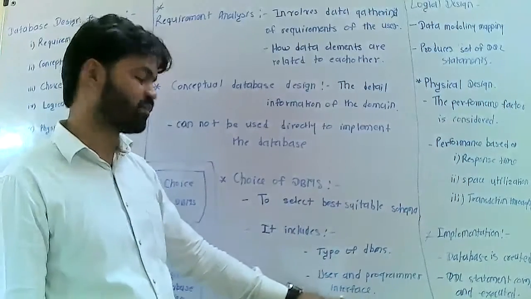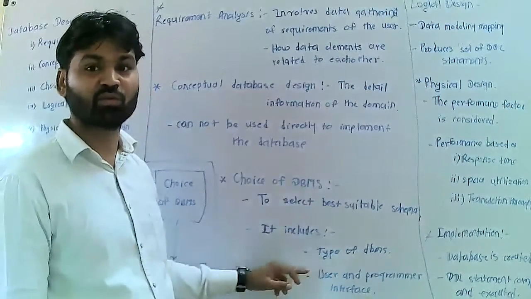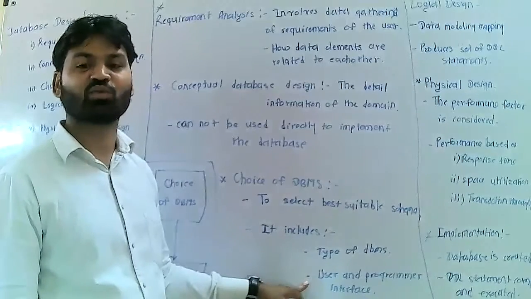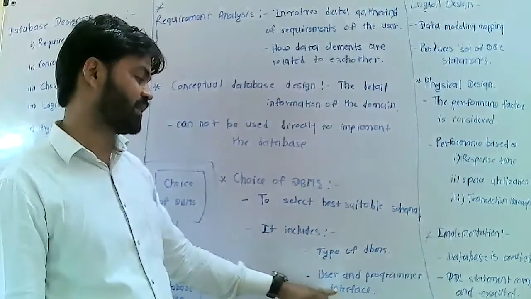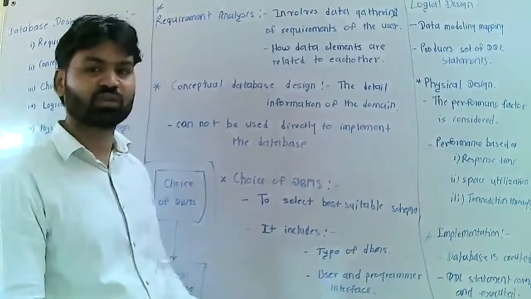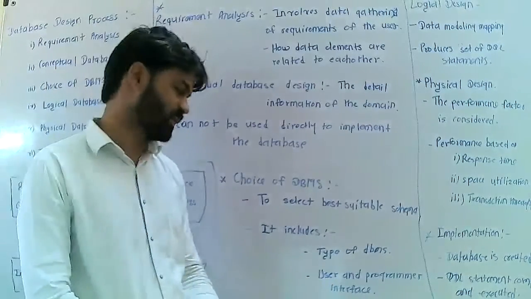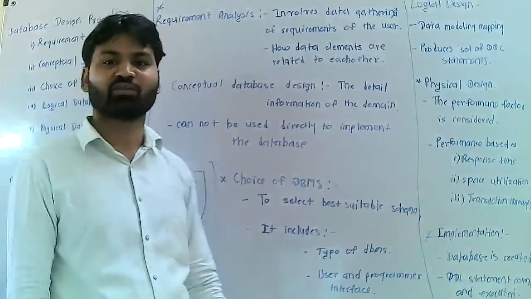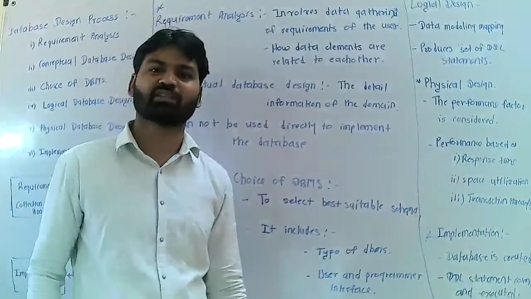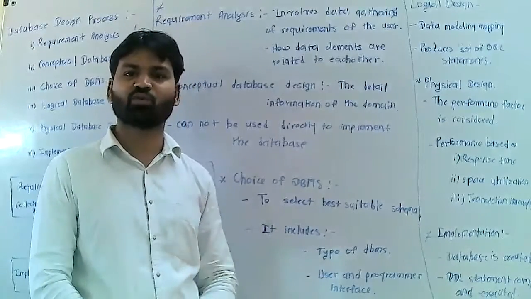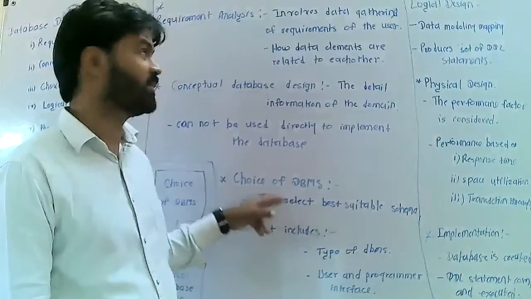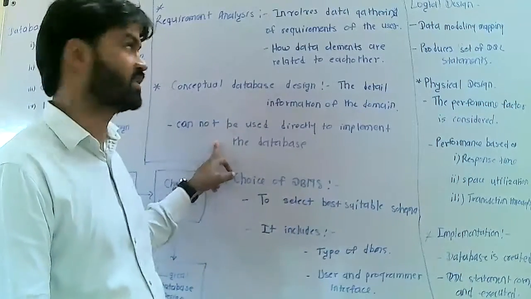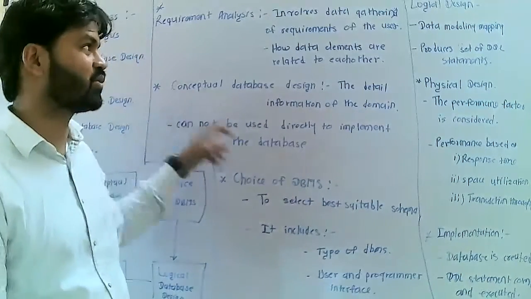Then your user and programmer interface. You have to specify the interface which is required for your user and programmer interface. Then the type of query language. You also have to specify which query language you are going to use for your database design. These are the first three stages of your database design process.